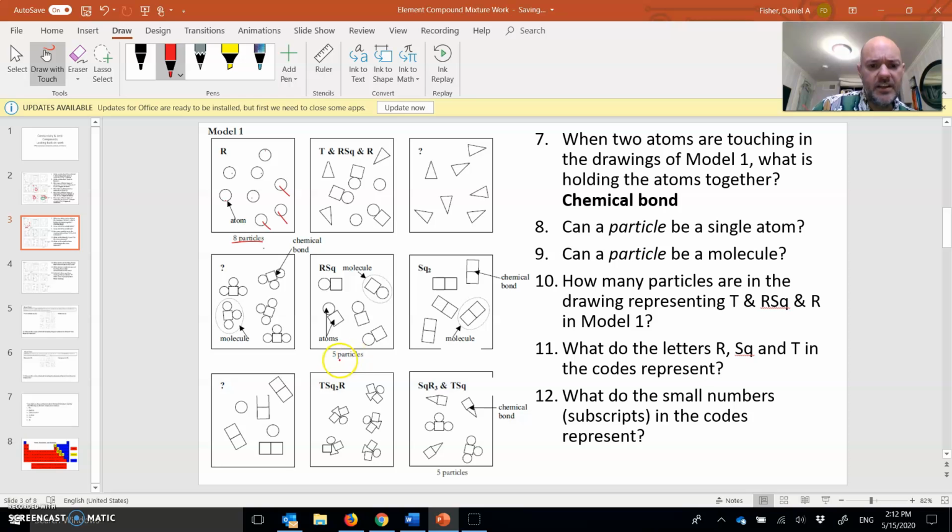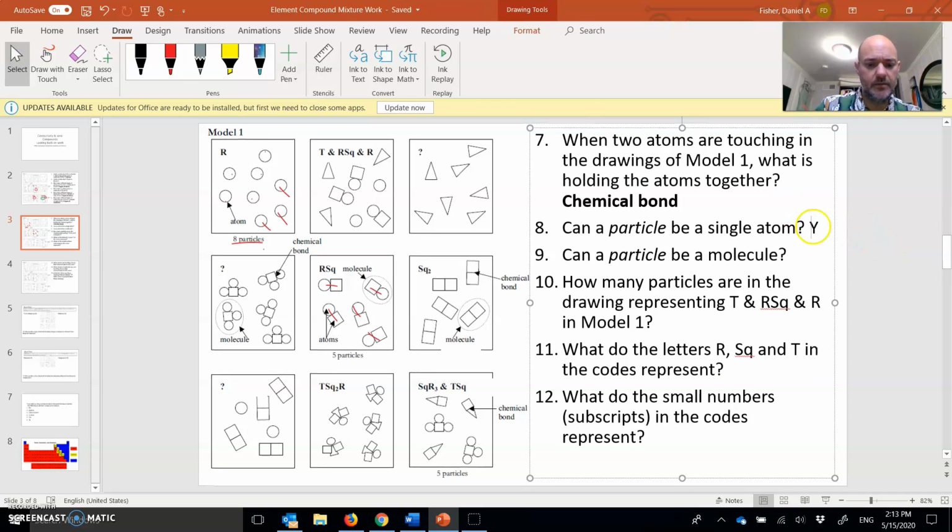And then I come down here, this is 5 particles. Well, there's more than 5 atoms in here. So 1, 2, 3, 4, 5. Okay, so what that means is that a particle can be an atom or it can be a molecule. So can a particle be a single atom?